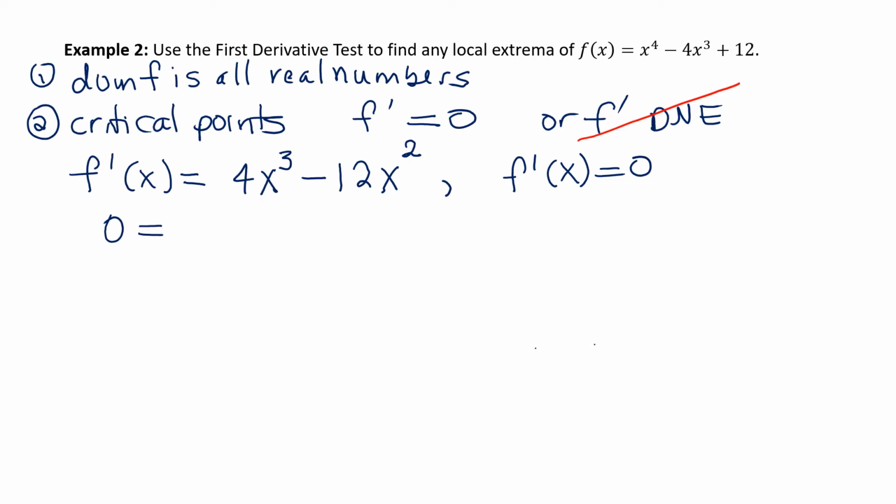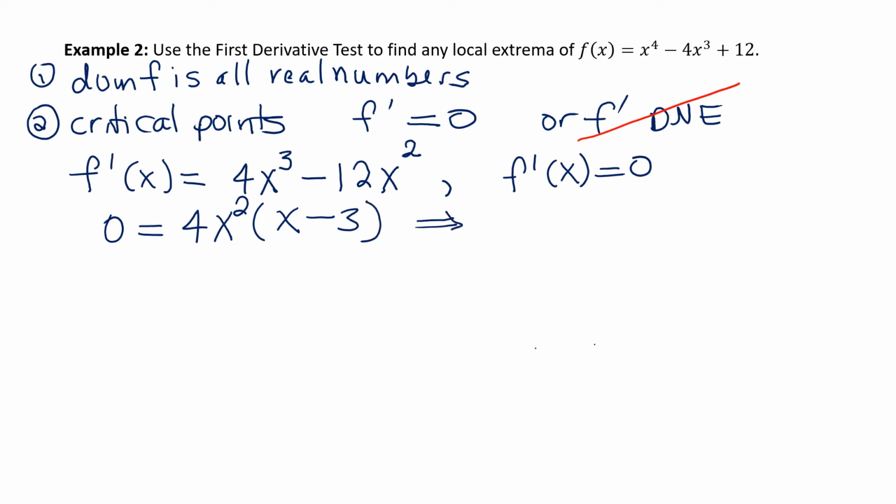Now what's common? 4 is common to 4 and 12, so we can factor out the 4. There's an x cubed and an x squared, so the largest x power would be x squared. Factor out 4x squared, and what you've got left is x minus 12 divided by 4, which is 3. X squared divided by x squared is 1.